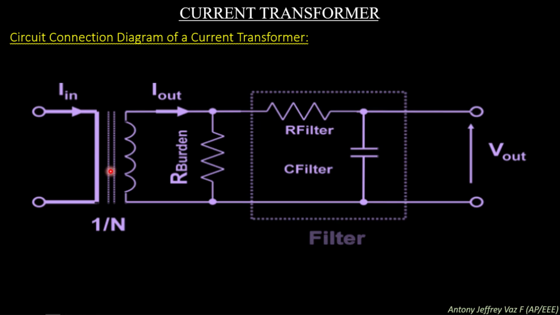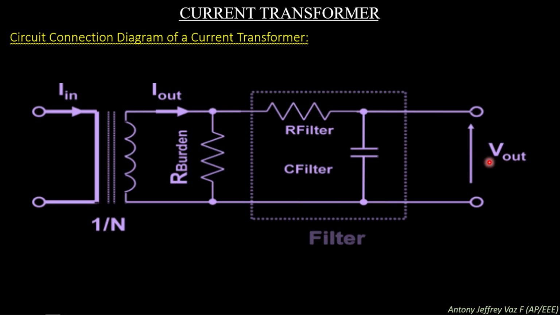This is the core, and this is the secondary coil wound on the core, and this secondary current is flowing through the burden resistor, and from this we have a filter bank of resistance and capacitance to provide smoothing of the currents.